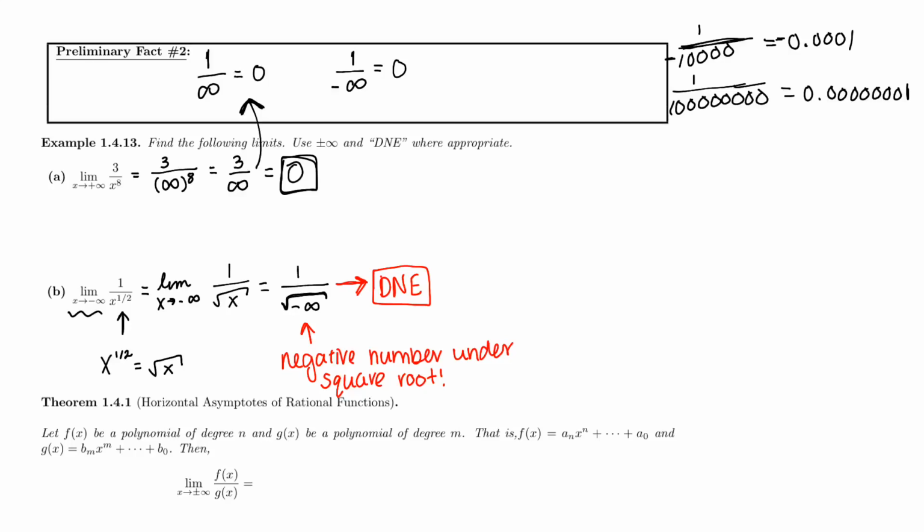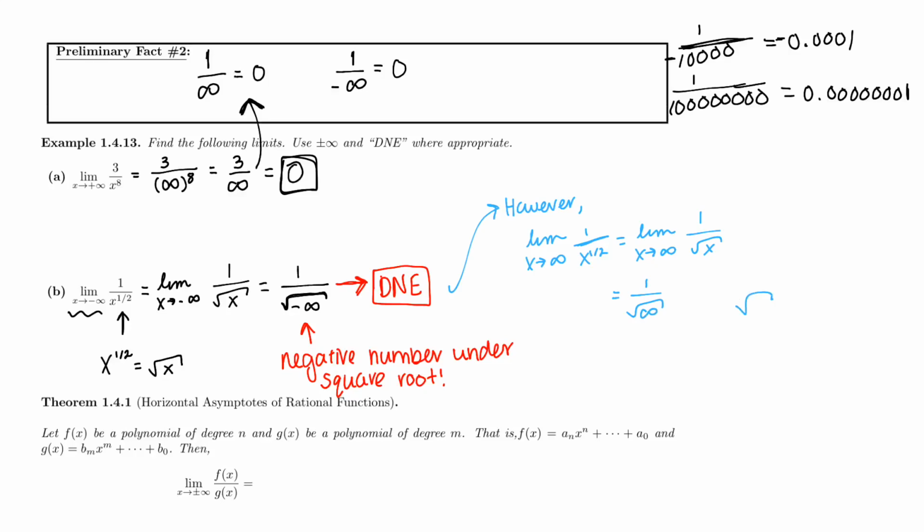However, if you had had the limit as x approaches positive infinity of 1 over x to the 1/2, so the limit as x approaches positive infinity of 1 over the square root of x, this would be 1 over the square root of positive infinity.